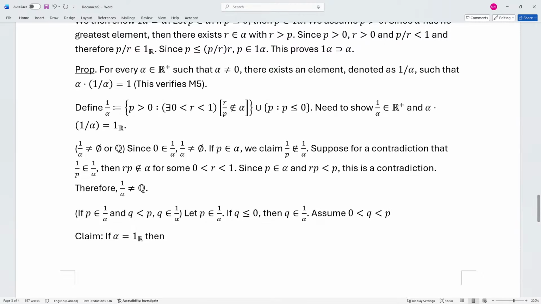Well, let's start with since P is in 1 over alpha. P is positive here, so therefore we can write R over P is not an alpha for some R positive and less than 1.